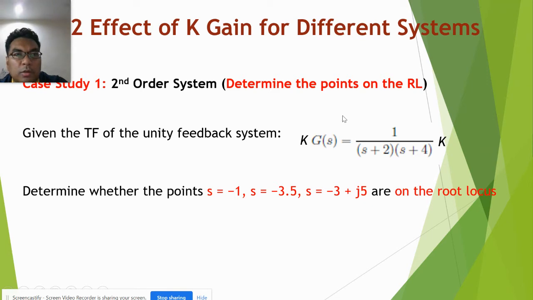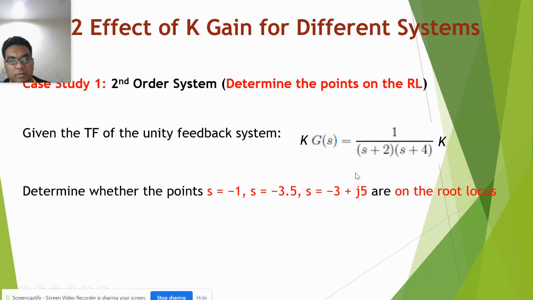In the next section, we look at how we can extract information and the effect of k gains for different systems. Case study number 1 is still under the second order system, on how you can determine the points of the root locus.